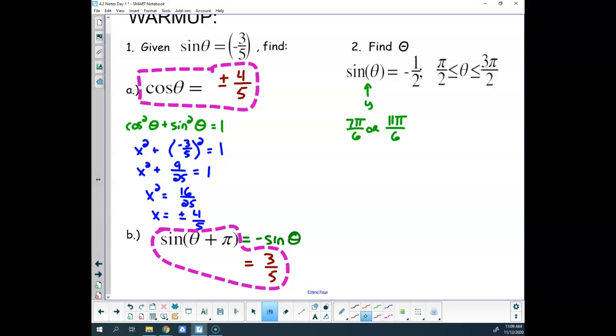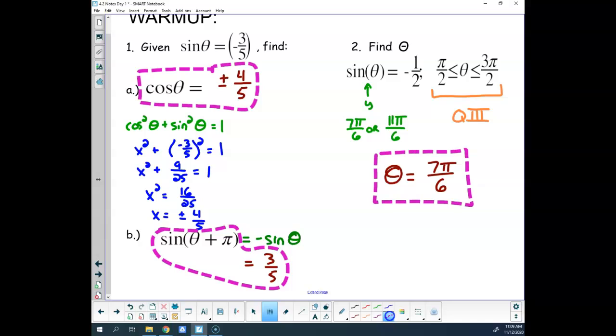This second classification tells me that I am in quadrant 3. And so between those two, my possibility for theta would be 7 pi over 6, because that's the one that's in quadrant 3. 11 pi over 6 is in quadrant 4. So that fits both classifications, or conditions, I should say.